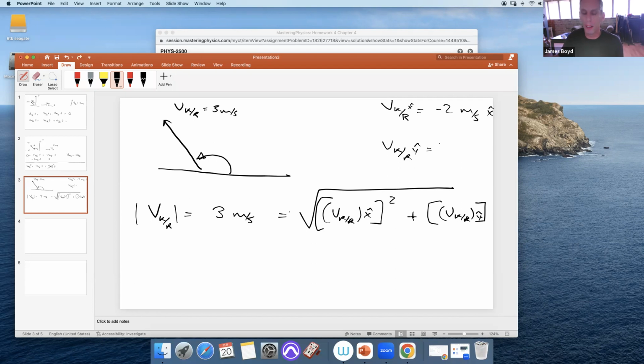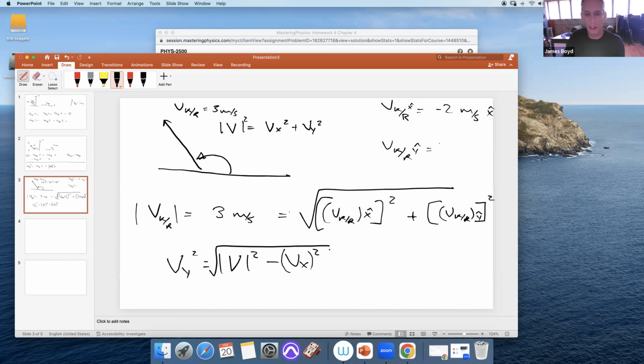Or another way to think about this is that the magnitude is the x component squared plus the y component squared, square rooted. So v_y squared is equal to the magnitude squared minus v_x squared. If I take the square root of both sides, I can find the component in the y direction.